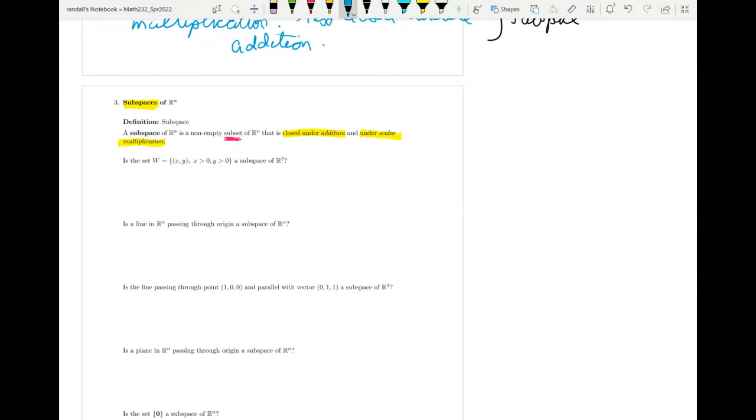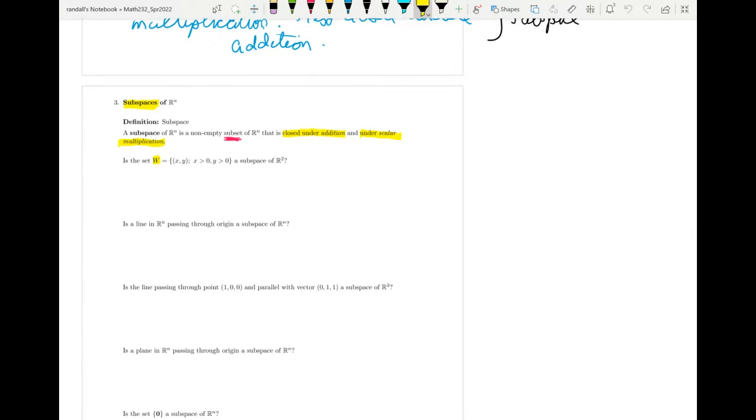So now this set W here is defined. This is a subset of vectors in R2, and we're asking whether it's a subspace. So now we have to check both those closure properties. Look carefully at the definition of this subset. It's vectors in R2 where the first and second components are positive real numbers.